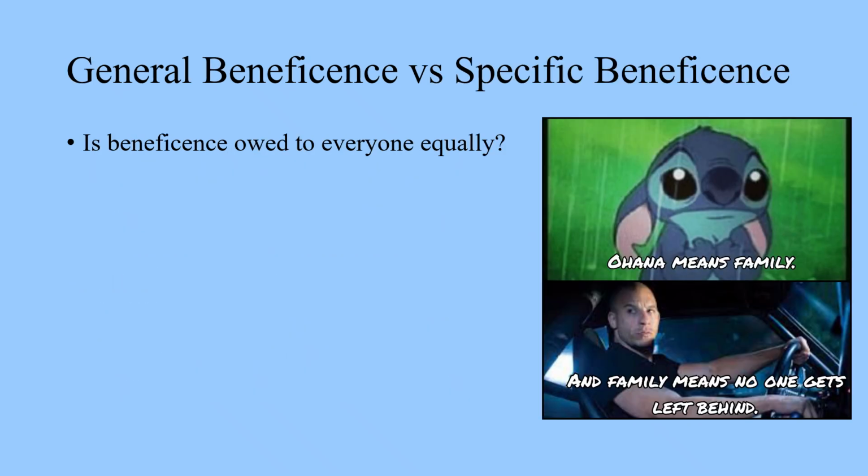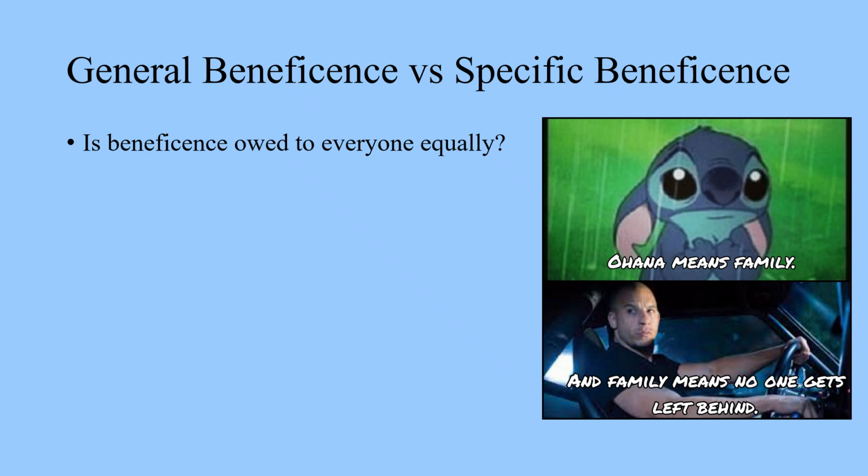The first distinction that Beauchamp and Childress discuss is pretty straightforward. It's this one between general beneficence and specific beneficence, and it rests on this question: is beneficence owed to everyone equally? Are you obligated to treat everybody or promote the good of everybody equally?